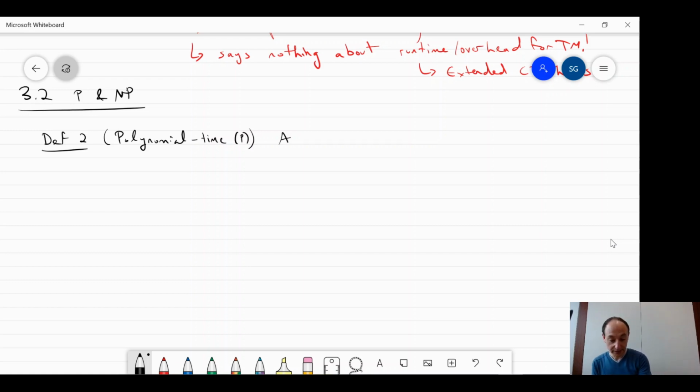So again, let me stress that P and NP only talk about decision problems. So we'll say that a language L is in P if there exists a deterministic Turing machine.